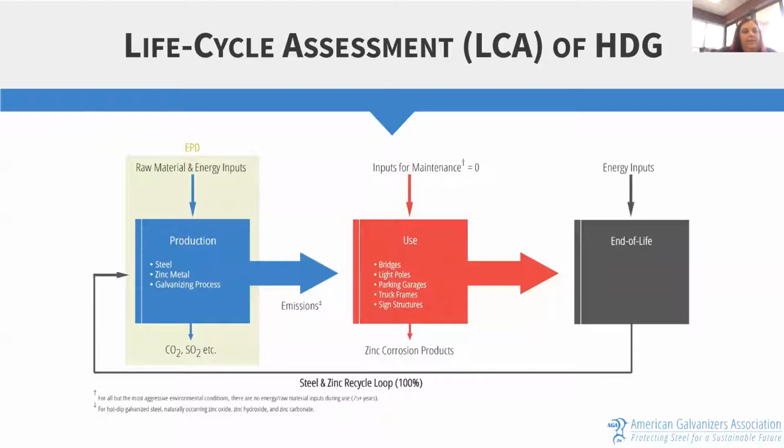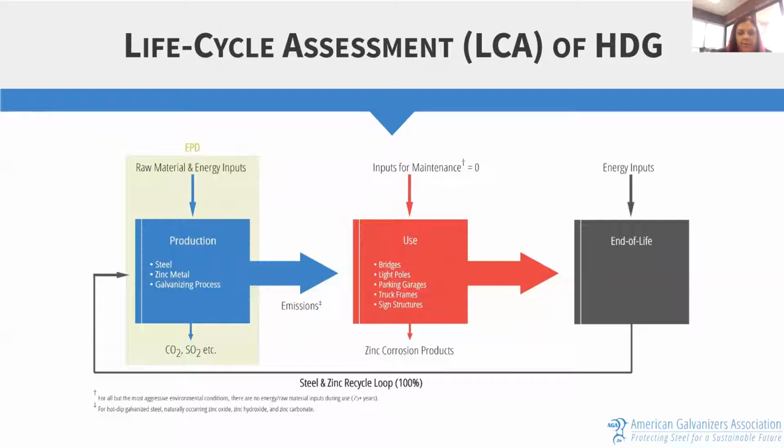If you wanted to get an idea of the life cycle of hot dip galvanizing, this is basically just an abbreviated chart that shows you what you get. But basically, again, as I've mentioned, all of the raw material and energy input, or the environmental impact, if you will, is really isolated in the production of the bridge. When it's in use, there's usually no input for maintenance, no emissions coming out of it.